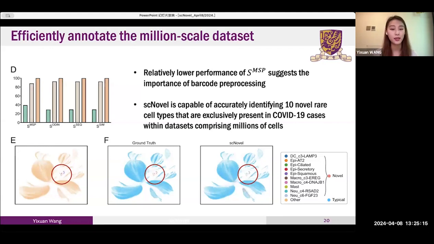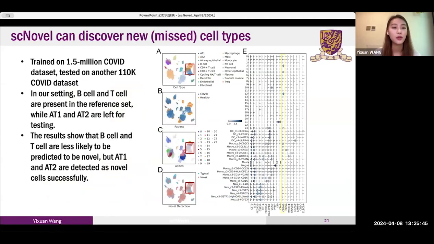And overall, we can claim that scNovel is capable of accurately identifying the 10 novel rare cell types that are exclusively present in the COVID-19 cases within the dataset comprising millions of cells. Figures E and F are the UMAP visualizations. You can see that the 10 novel cell types we detected are quite rare in comparison to the whole atlas cells.